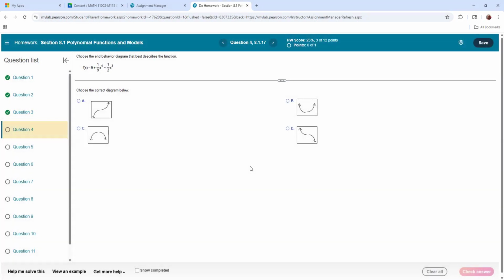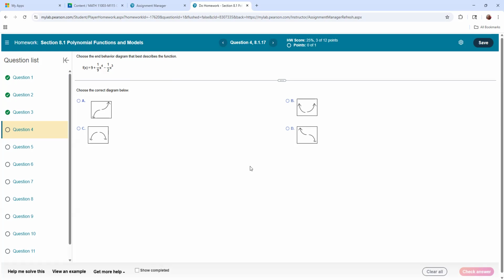All right, y'all. 9 plus 1/9 x to the 4th minus 1/2 x to the 3rd. Is your degree even or odd? Even, good job. It looks like that x to the 4th term is my largest exponent. Is your lead coefficient positive or negative?